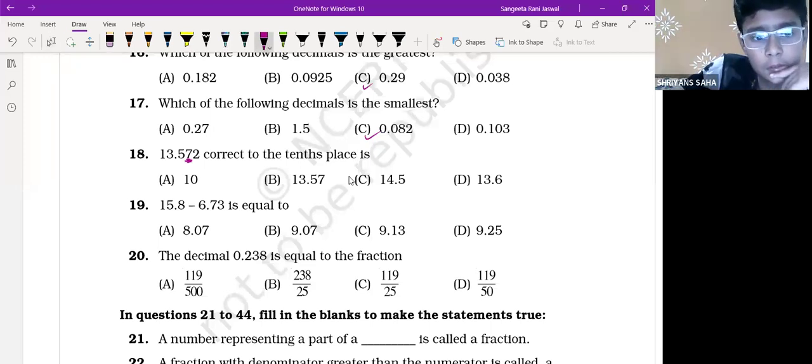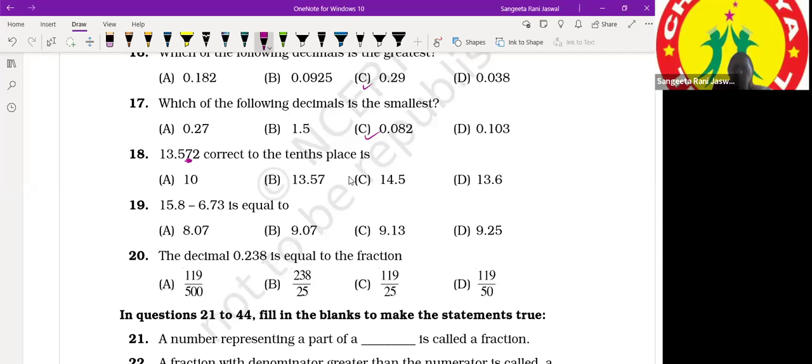You have to round this number to the tens place. When the preceding number is less than 5, there is no change in this number. Had the preceding number been greater than 5 or 5, you would have changed this number to 8. That is rounding off.